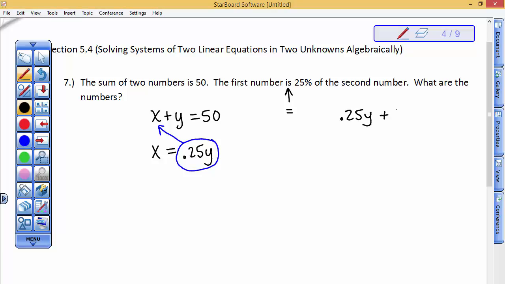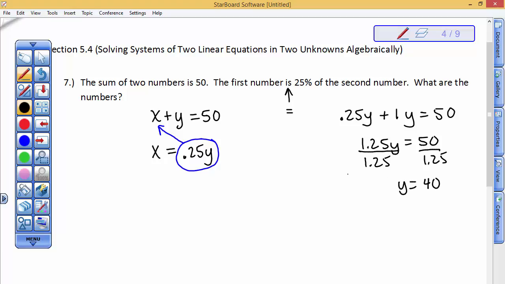And then when I divide both sides by 1.25, I get Y is equal to 40. Remember, the sum of the two numbers is 50, so I can say X is equal to 10 because that's got to add up to be 50. And then I'm going to say, does X, which is 10, turn out to be 25% of Y, which is 40? It sure does. And so that checks as well.